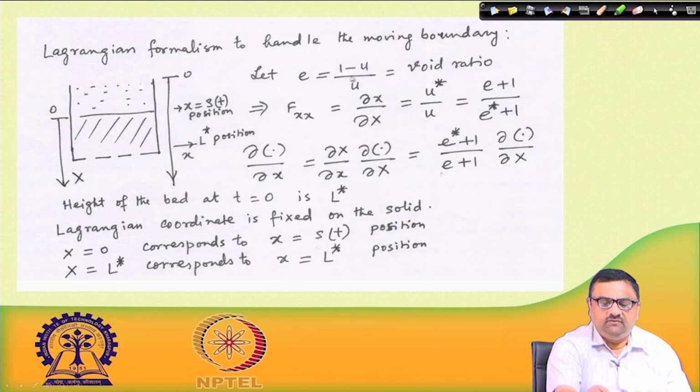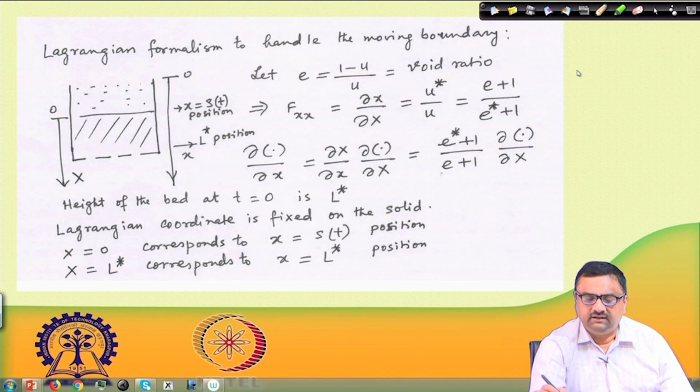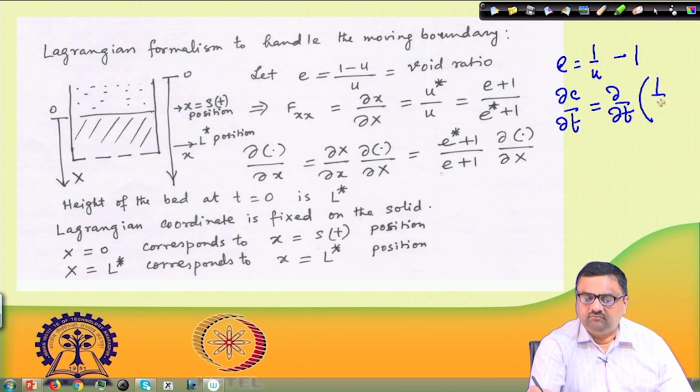Del E del t would be 1 by u minus, see E is equal to 1 by u minus 1. So, del E del t would be equal to del t of 1 by u.